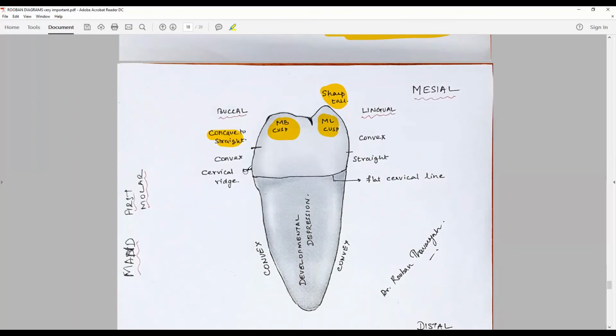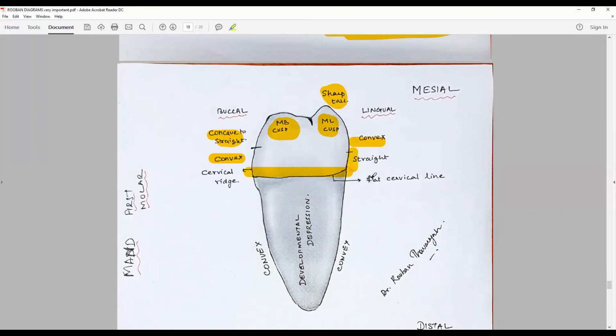There is a cervical ridge along the cervical line. From the cervical to the middle, it is convex, after which it is concave to straight. Then the broad, blunt mesiobuccal cusp is separated by a mesial marginal groove from the mesiolingual cusp, sharp and tall. The lingual outline is convex till the middle third, after which it is straight.